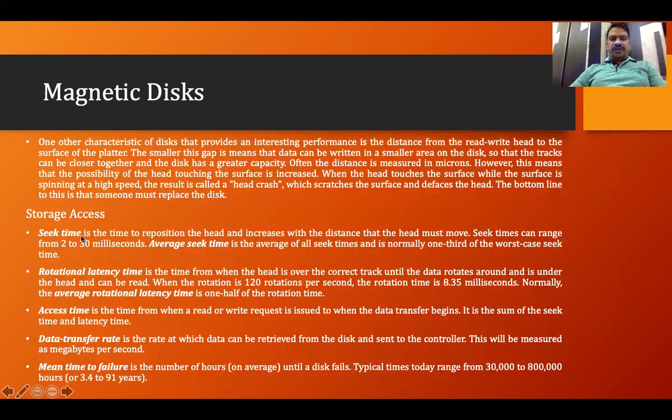Now there are some different concepts related to this magnetic disk. The first is the seek time.